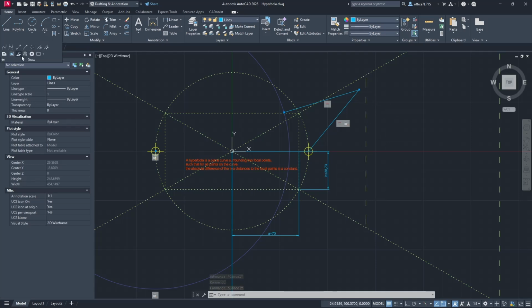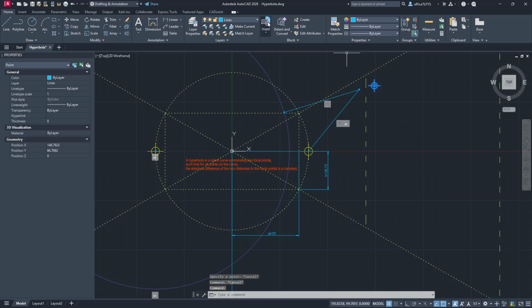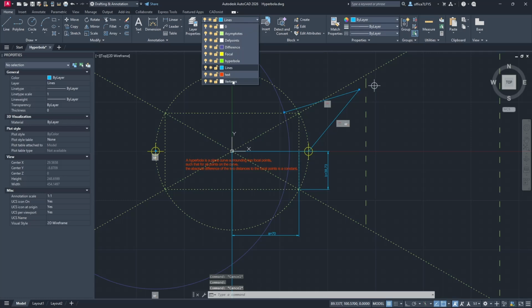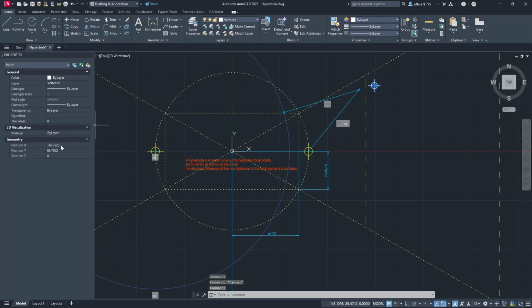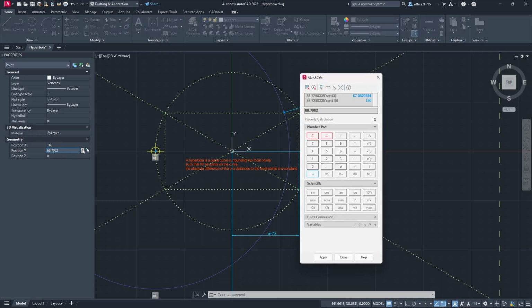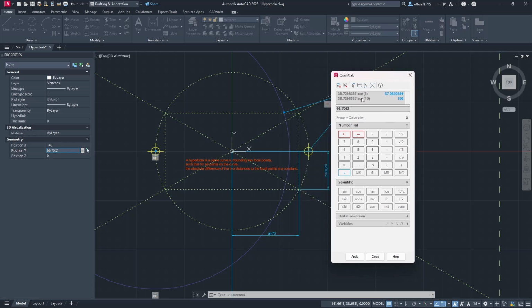Using the point command, I'll place one approximately here on the vertices layer. Its x-coordinate is 140, and the y-coordinate is calculated as b times the square root of 3, where b is the minor semi-axis. With the calculator we compute the exact value, apply it, and place the point.